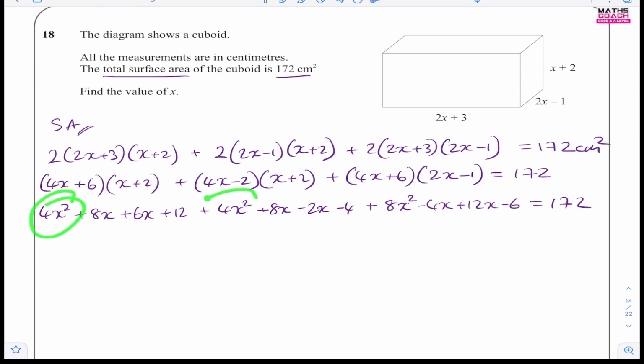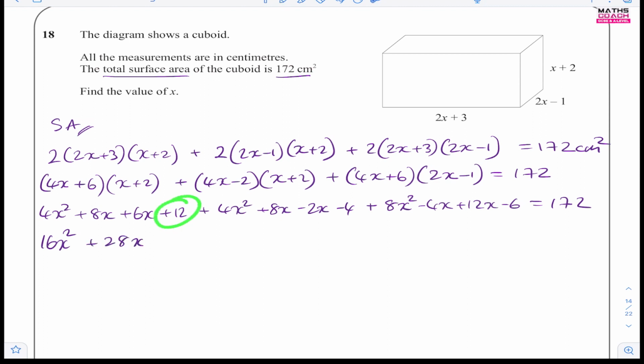Now I'm going to just collect all my like terms. So 4x squared plus 4x squared plus 8x squared, that gives me a total of 16x squared. 8x plus 6x plus 8x minus 2x minus 4x plus 12x gives me a total of 28x.